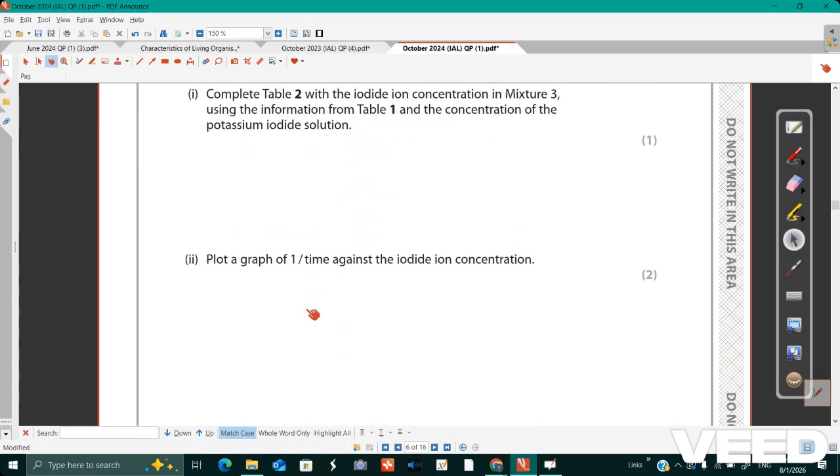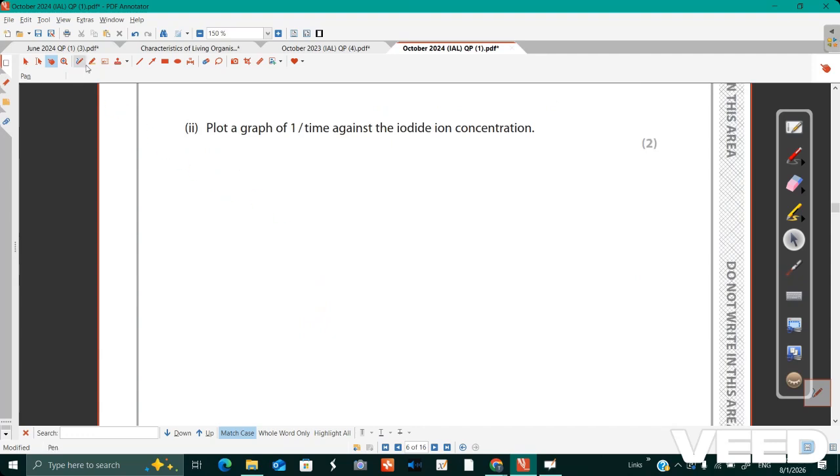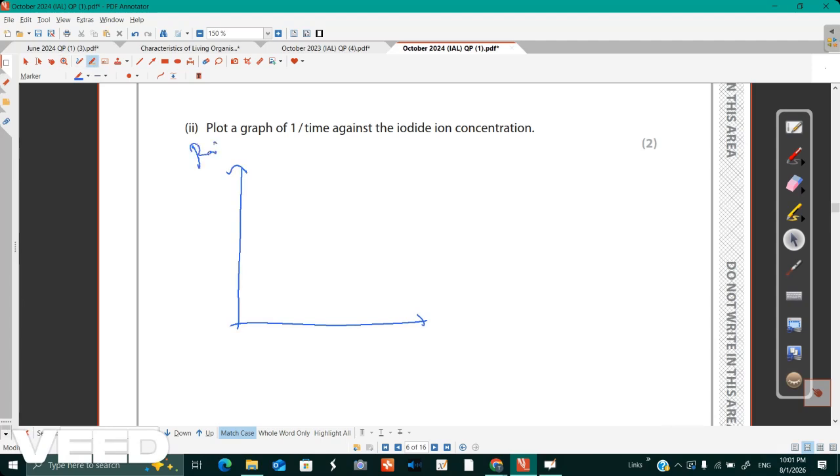Plot a graph of 1 over time against the iodine concentration. So if you have sketched it, 1 over time is rate. So it is actually rate versus the I minus concentration. As per the given data, it is a straight line going to the origin.